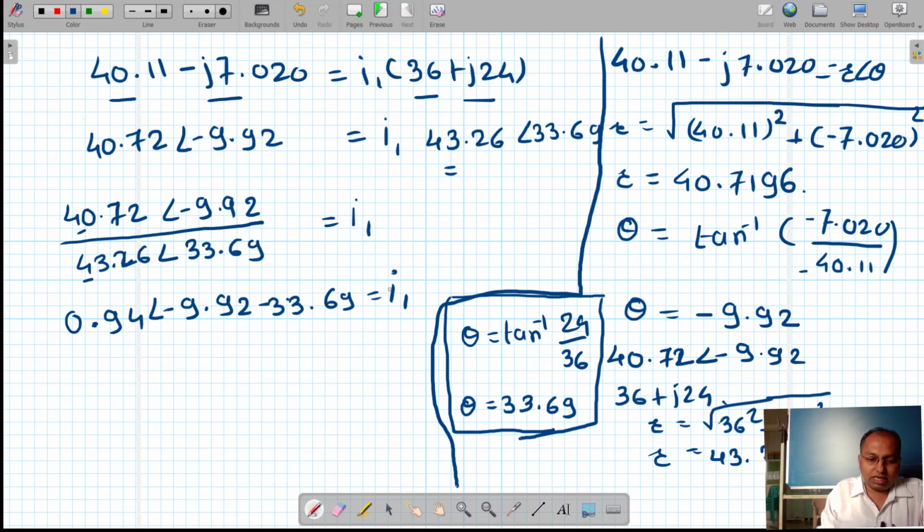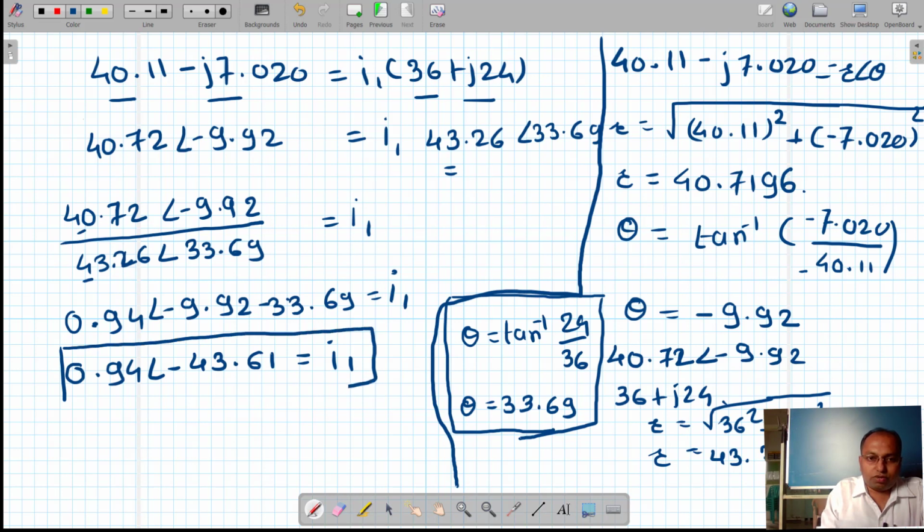The minus signs are there, so it is going to get added, and it becomes minus 43.61. So 0.94 angle minus 43.61 is the value of I1. So remember that by means of this you are going to find out the values of I1 and I2.